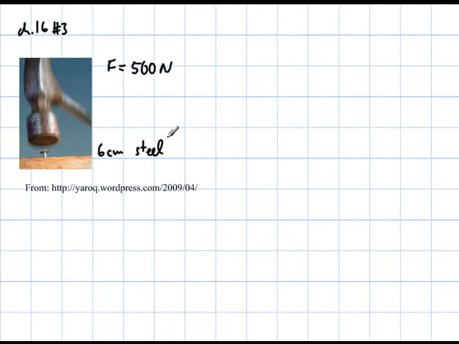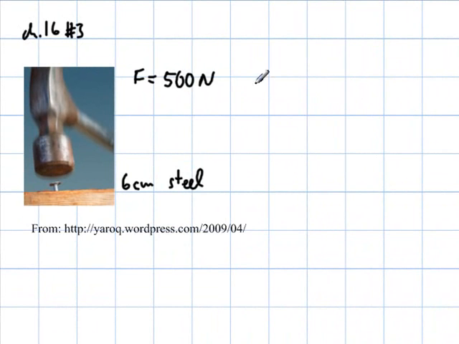Assume that the specific heat capacity of steel is 450 joules. So here they're using a different unit. Instead of calories, they use joules. It's the SI unit, the standard unit, 450 joules per kilogram and Celsius degree.